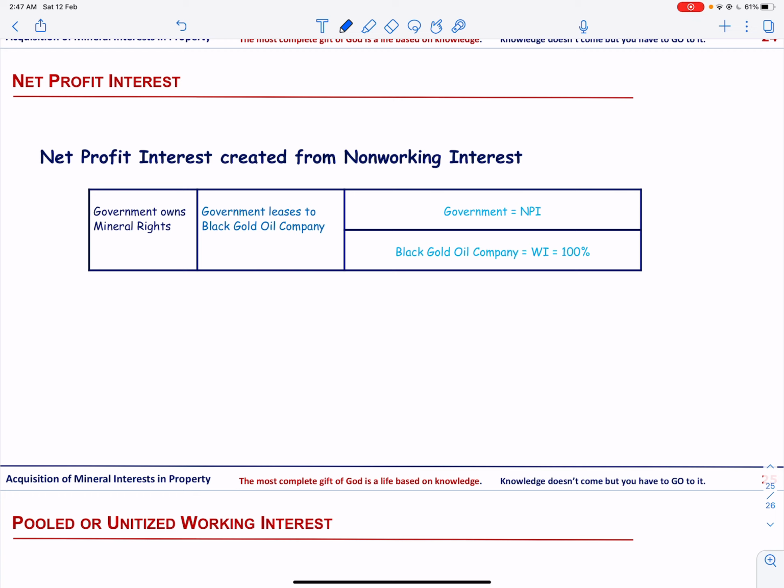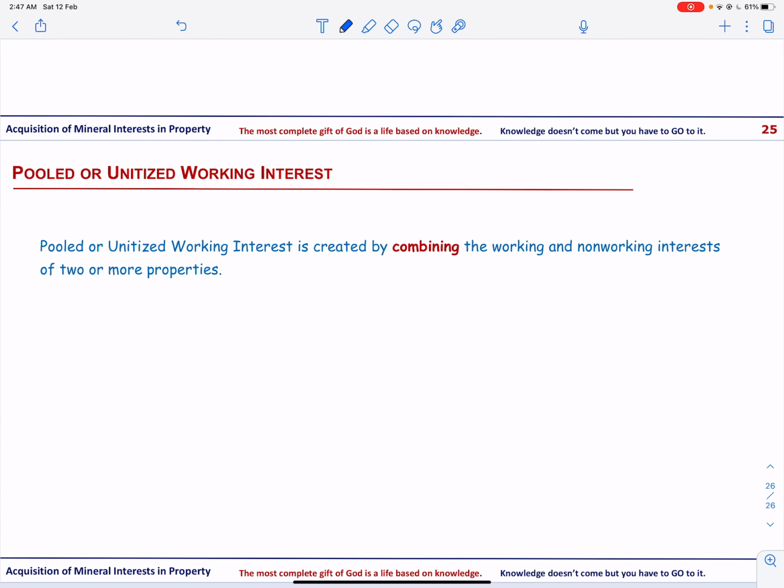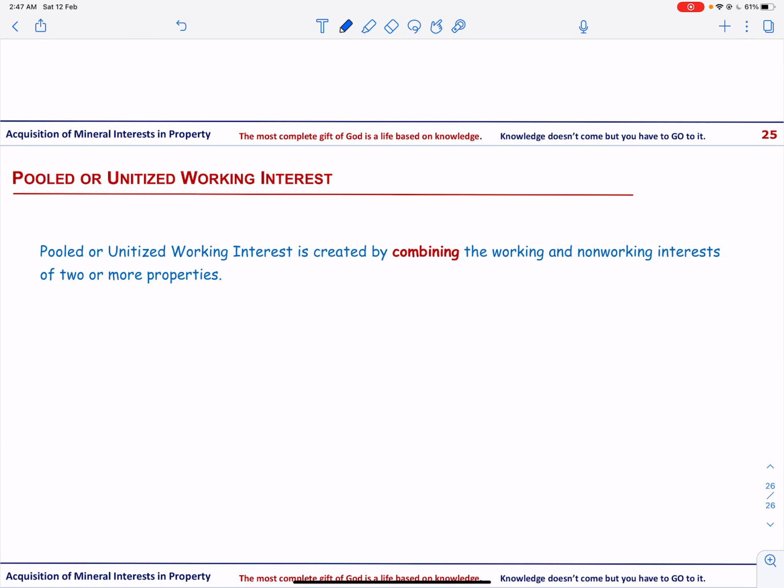Finally, let us talk about pooled or unitized working interest. Every business tries to work efficiently and economically. One such way is to pool or unitize the working interest. This type of interest is created by combining the working and non-working interests of two or more properties.